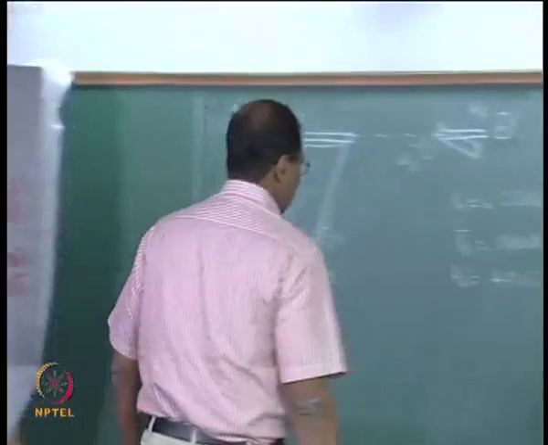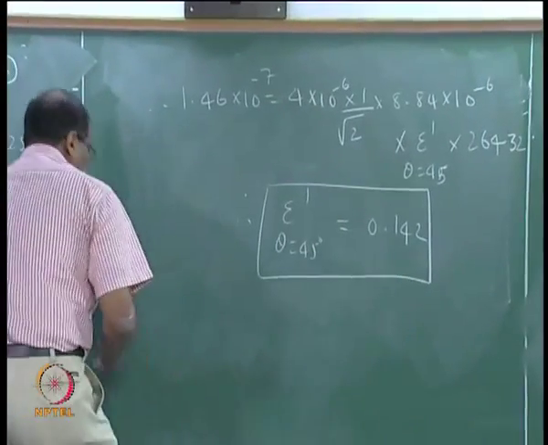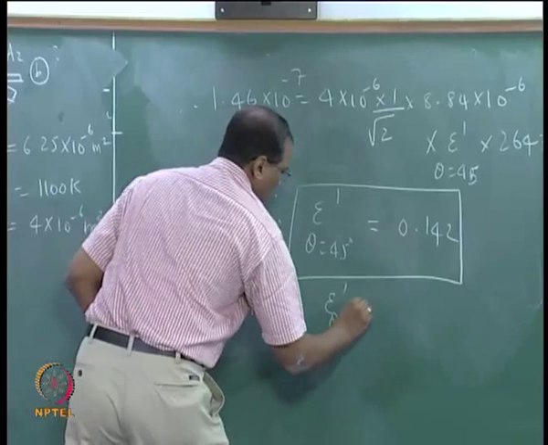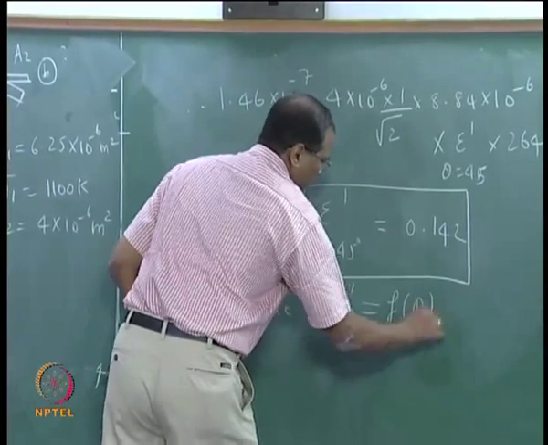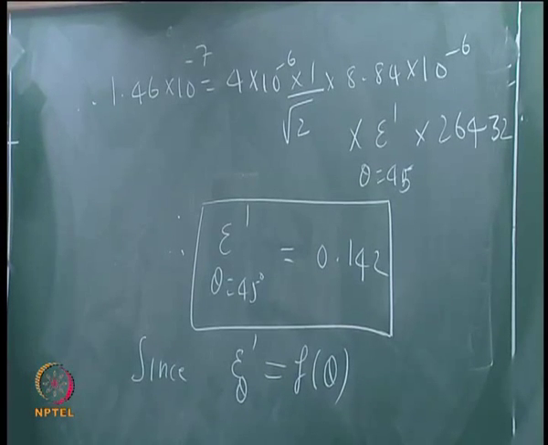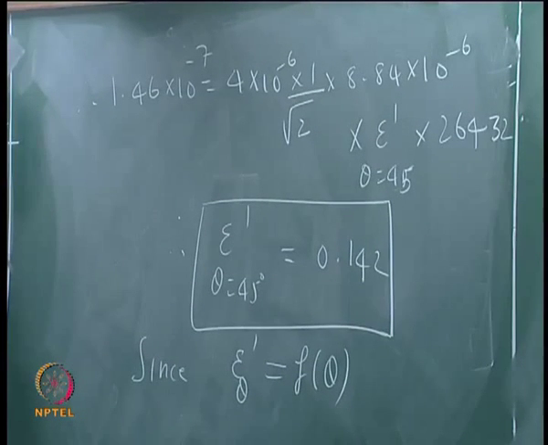Since epsilon dash is a function of theta, at this point in time I am not able to get the function f. If I know how much power is intercepted at 4 or 5 angles, I can use some Lagrange polynomial or cubic polynomial, quadratic polynomial and get a functional form f.